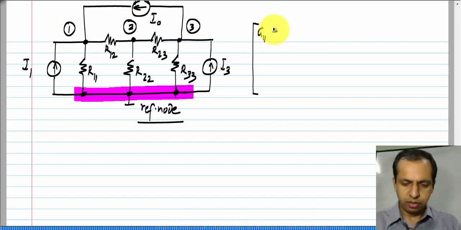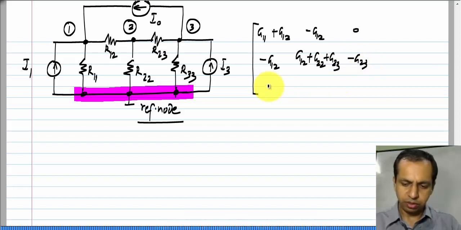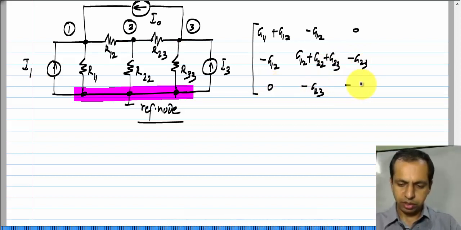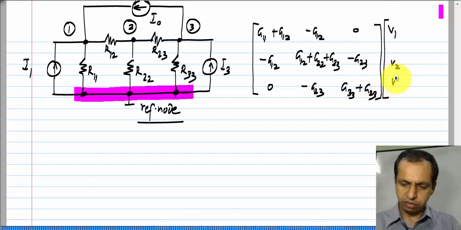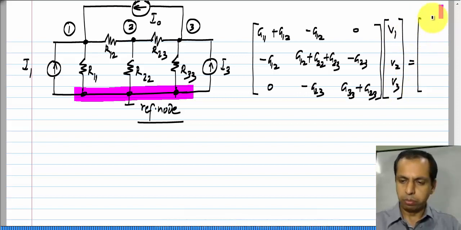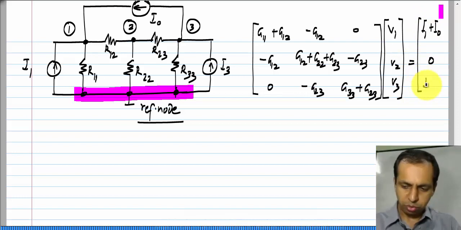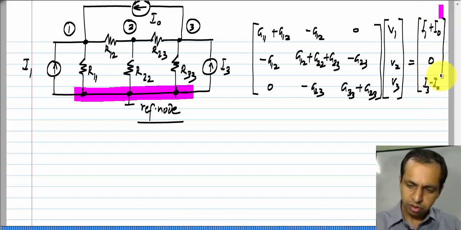I will have G11 plus G12, minus G12, 0; minus G12, G12 plus G22 plus G23, minus G23; 0, minus G23 and G33 plus G23, times V1, V2, V3, equals the total current pushing into node 1, which is I1 plus I0, the total current pushing into node 2, which is 0, and the total current pushing into node 3, which is I3 minus I0.